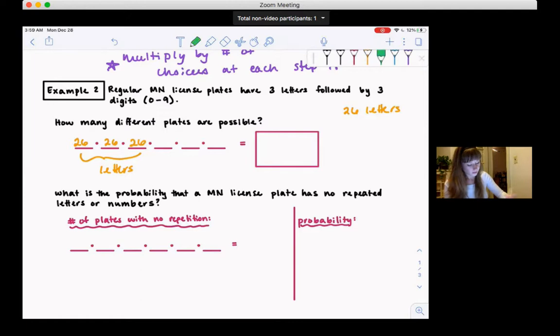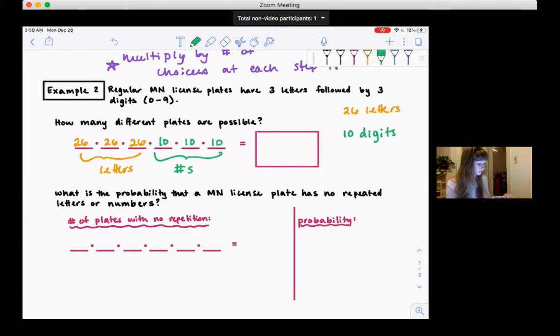Okay, and now here are the numbers. So how many digits can we choose from? 0, 1, 2, 3, 4, 5, 6, 7, 8, 9. So there's 10 options. And if we allow that a number could be used more than once, which can happen on license plates, we would have 10 options, 10 options, 10 options.